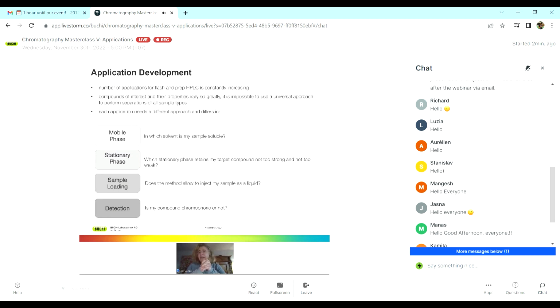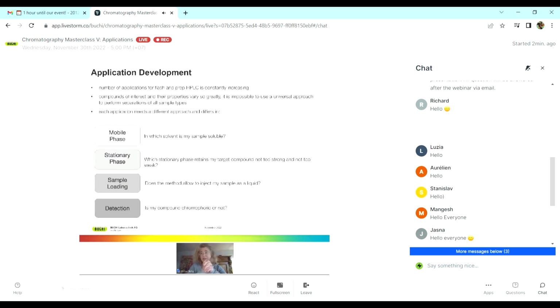Every sample is unique, and with this also the method for the purification. There are several questions which you have to ask yourself during method development, and for no two compounds will it be the same answers.